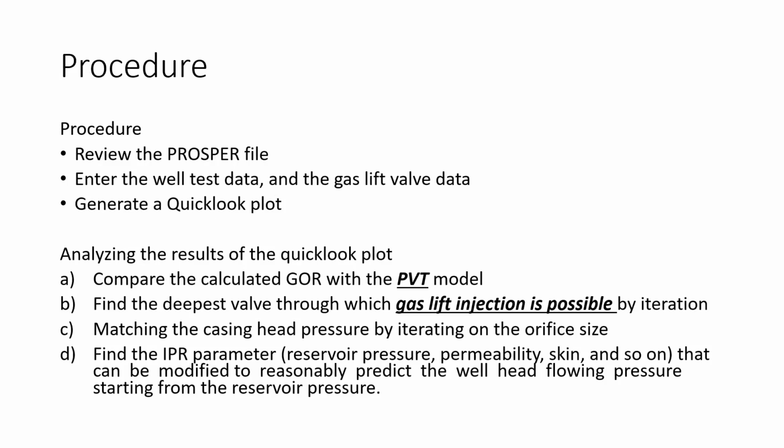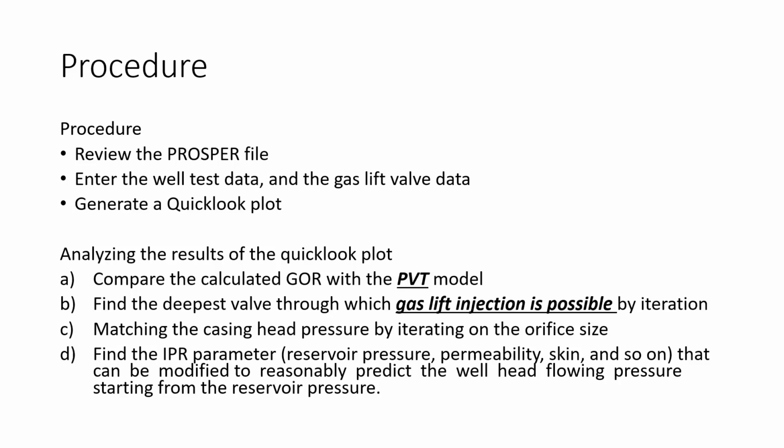We are going to review it, and then enter the well test data and also the gas lift data, and then this is the quick look plot. This quick look will be the solution that will incorporate all these variables in order to come up with the best solution.